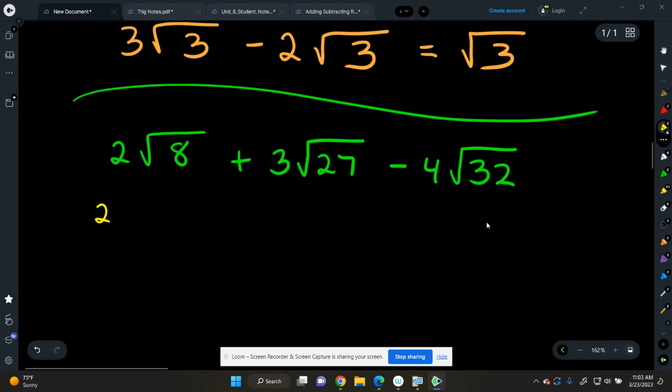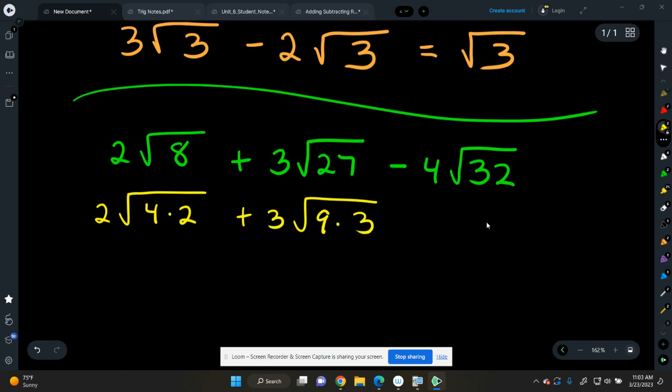So the 2 root 8, we're going to rewrite the 8 as 4 times 2. 3 root 27, let's write the 27 as 9 times 3. And the 32, let's write that as 16 times 2.